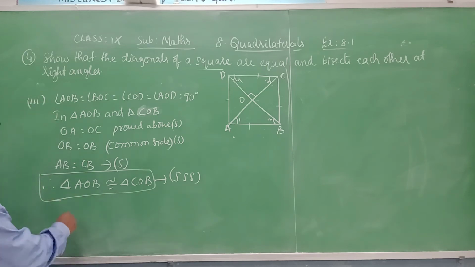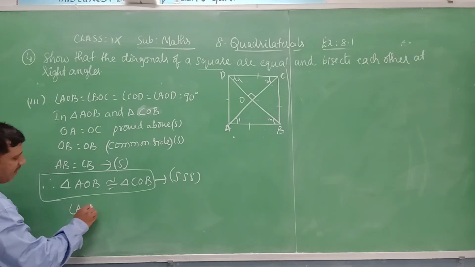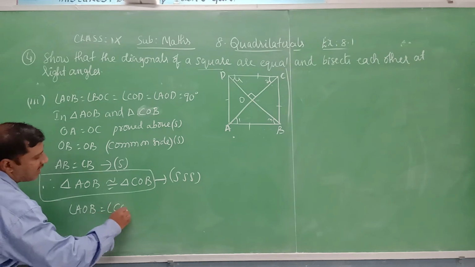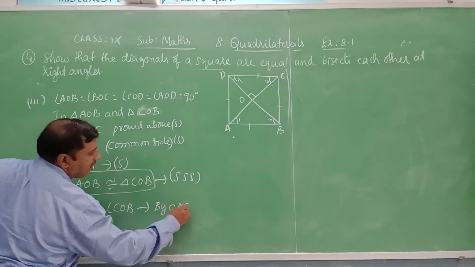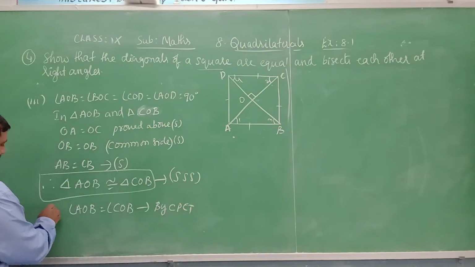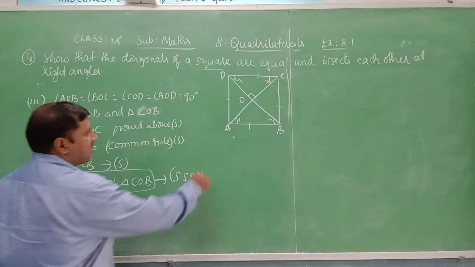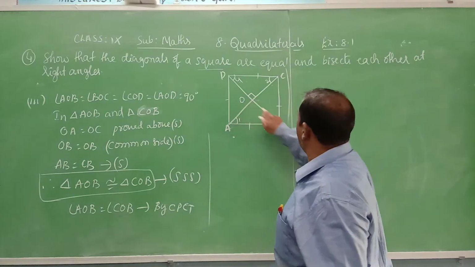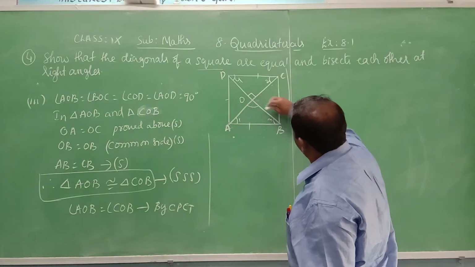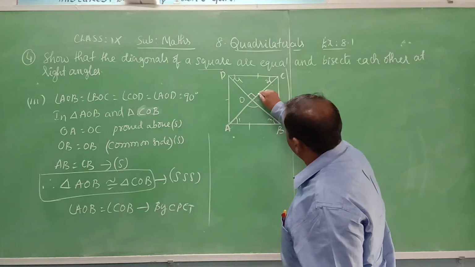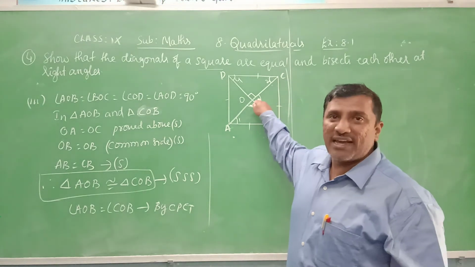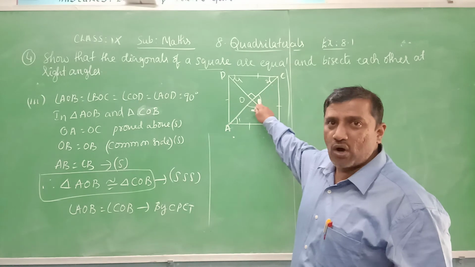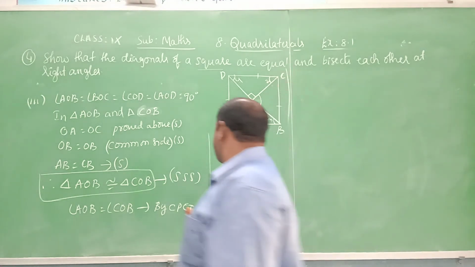Now, by CPCT, angle AOB is equal to angle COB. By CPCT, these two angles are equal. Now observe the figure, angle AOB, this angle, and angle COB, this angle. What are these two angles? They are a linear pair of angles, and their sum is equal to 180 degrees.